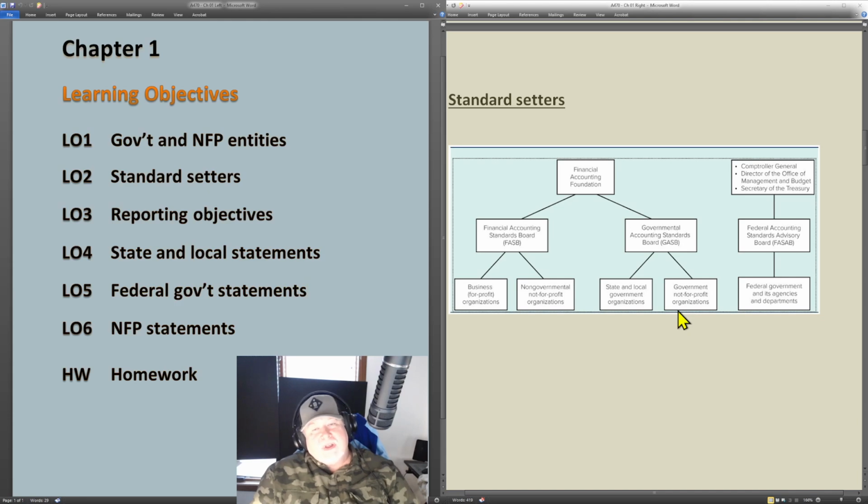So, for example, St. Jude's, the Children's Hospital, that's probably a FASB non-governmental. But if I were to think about a big power producer like a dam, that's probably a governmental not-for-profit organization because it is providing services to a governmental region.